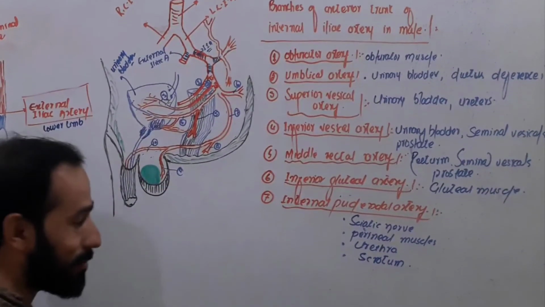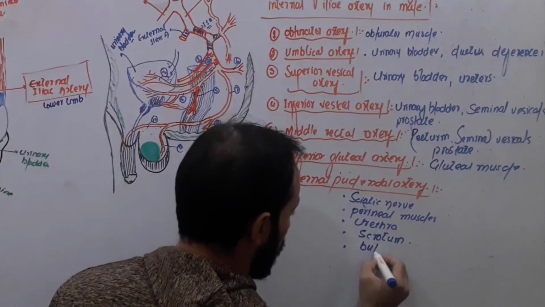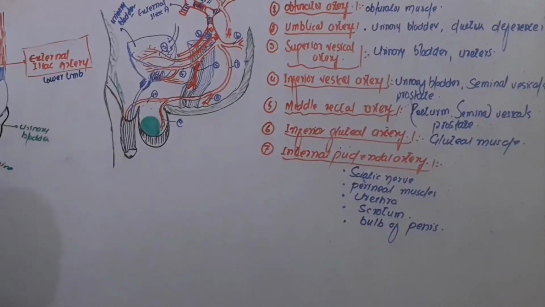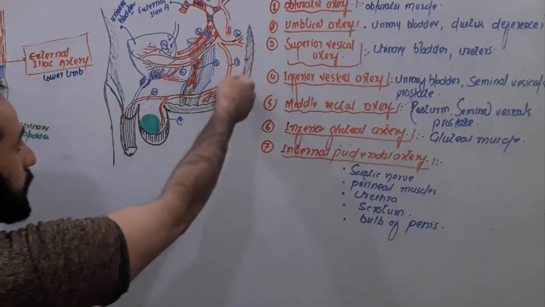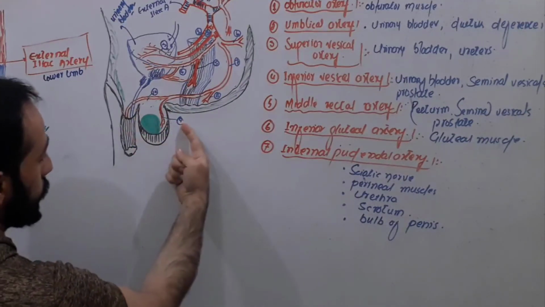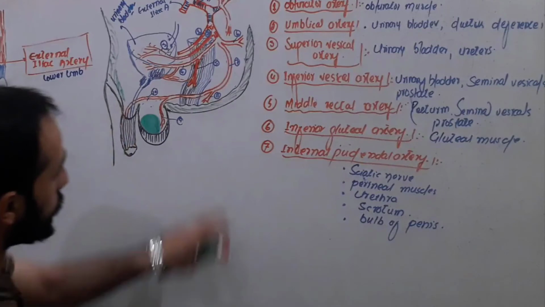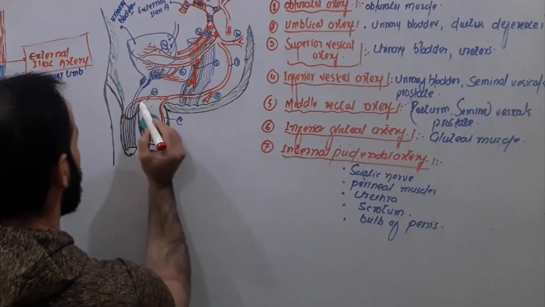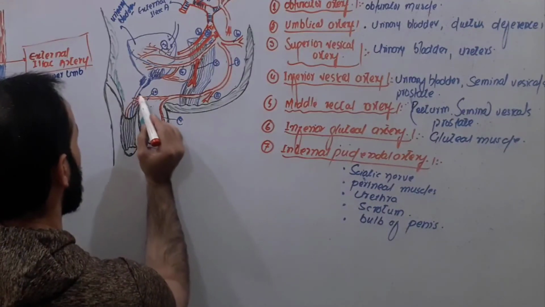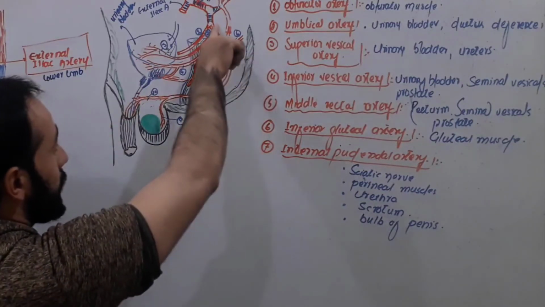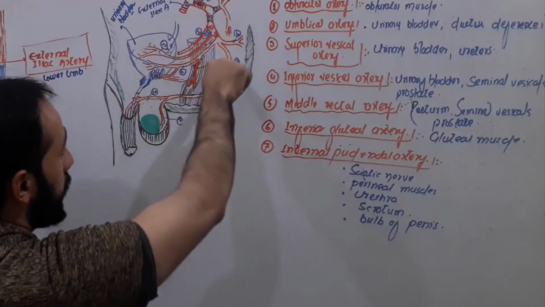And it also gives a branch to the bulb of penis, right? So it's a big artery. You can see internal pudendal artery, look at its branches, right? So its branches going to the penis, going to the scrotum, right, and going to the perineal muscles here, and some branches also it goes to the, here is our urethra, right? This is our urethra, so it gives off some branches also to urethra, right? So this was our 7th branch of this anterior trunk of internal iliac artery.